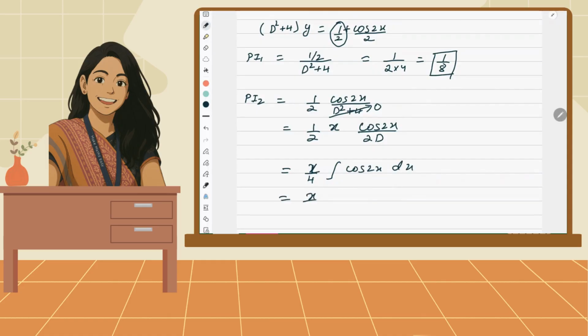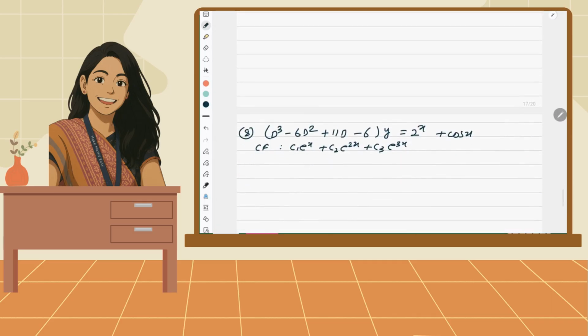Right? So x by 4, what is the integration of cos 2x? Sin 2x upon 2. So my PI is x by 8 sin 2x. Simple. So it looks complicated but it is very easy. Okay. Let's see the next question.